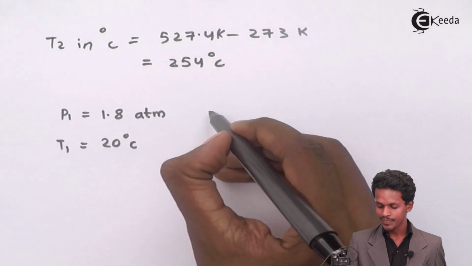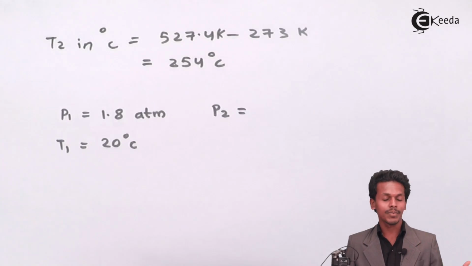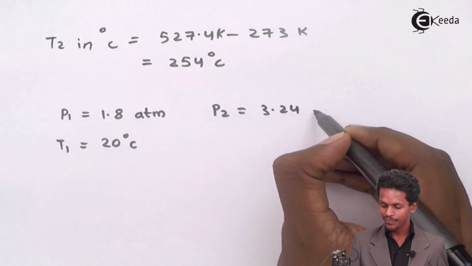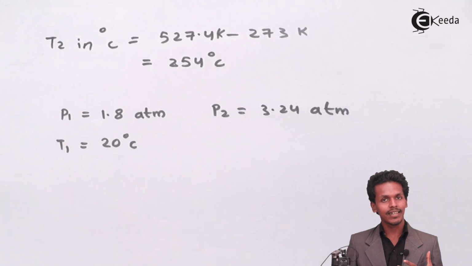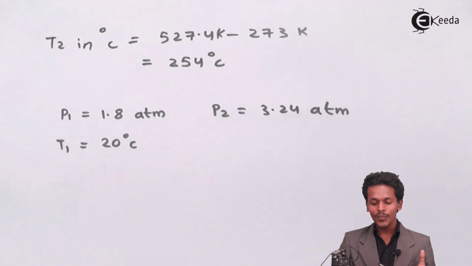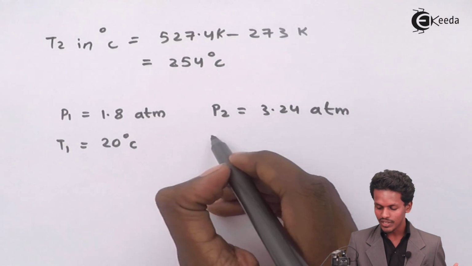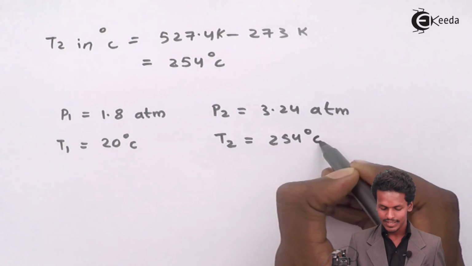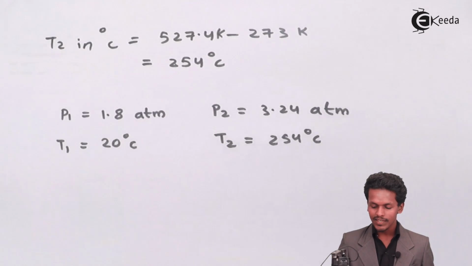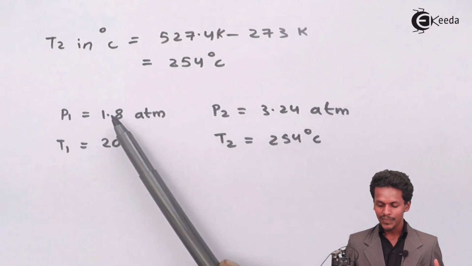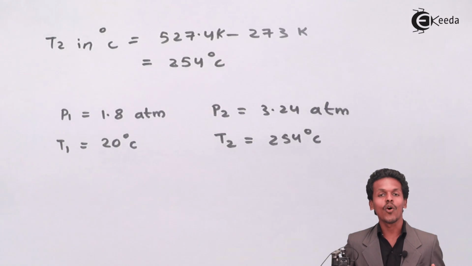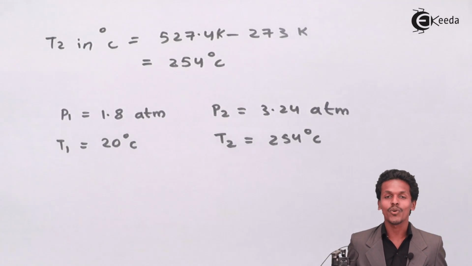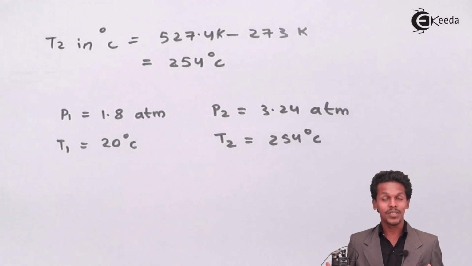The pressure P2 increased by 80% is 3.24 atmosphere. When the pressure increased from 1.8 to 3.24, the temperature T2 increased to 254 degrees Celsius. This indicates that when the pressure is increased, the temperature of a gas also increases, so we are talking about Gay-Lussac law with the volume fixed.